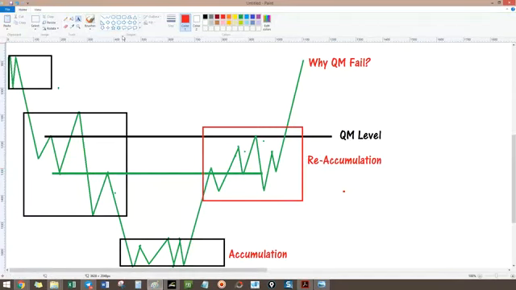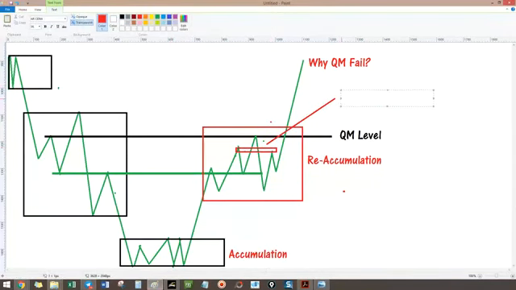Some people will sell here, and the pattern is for sell. Put price action. But why does it fail?